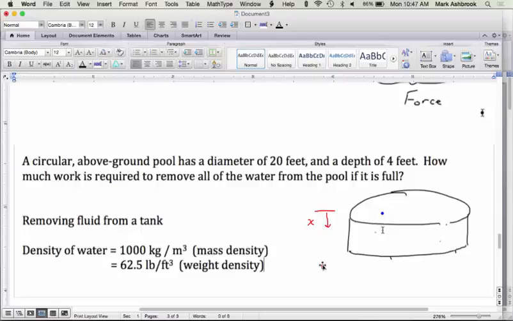That's the radius, since the diameter is 20. So that's how much water we have: 400 pi cubic feet.